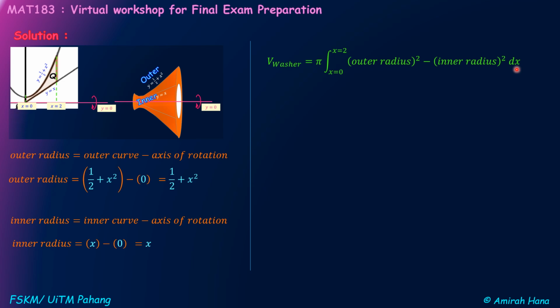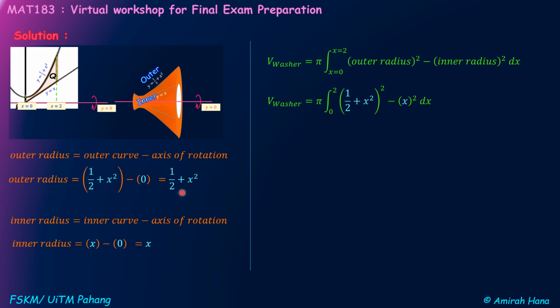Okay, and when we integrate with respect to x, we need to use lower and upper limit on x axis, right? So from here, the shaded region begin from 0 to 2 on x-axis. So that's why our lower limit x equals to 0 and upper limit x equals to 2. Alright? After that, we have single pi here, and then we integrate from 0 to 2. We substitute outer radius.